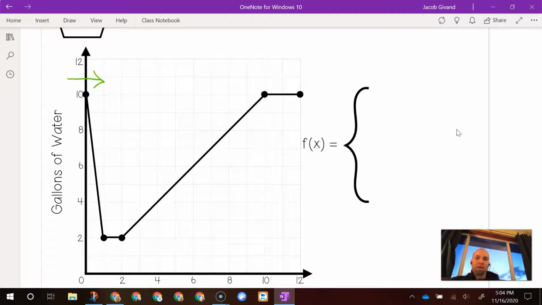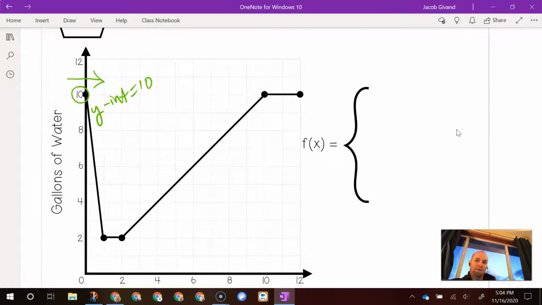So this one, the y-intercept, or the place where it crosses the y-axis, is easy to see because this one does cross the y-axis, right there at 10. So the y-intercept is 10. And so I'll just write that down. Y-intercept equals 10. And the slope is rise over run.